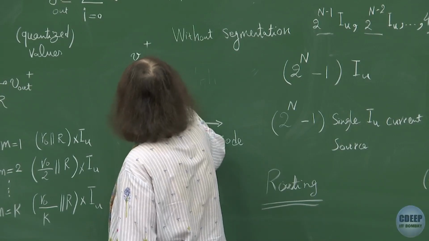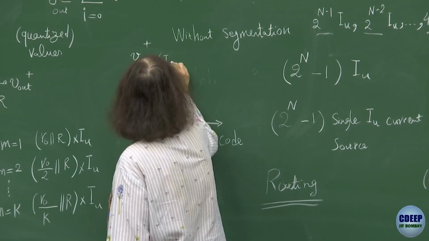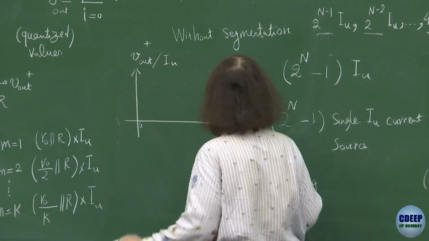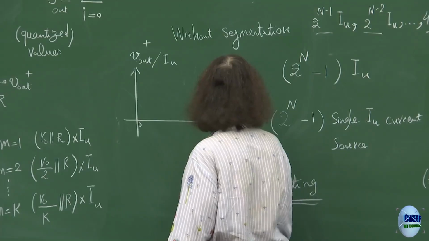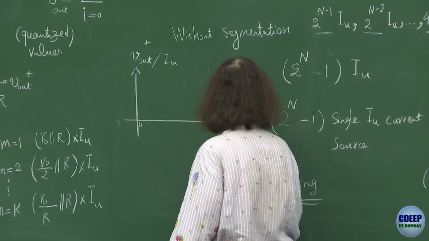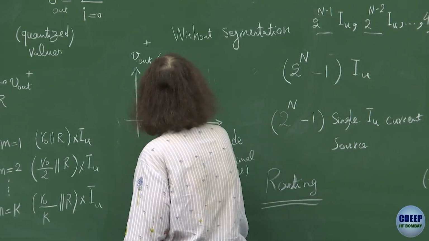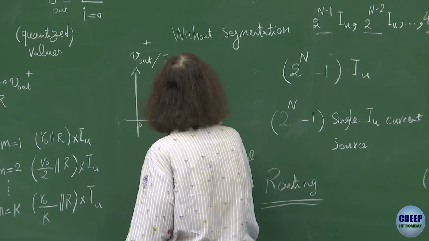The vertical axis is V out plus divided by I unit, and this is the code in decimal value. Suppose this is 1, this is 2.